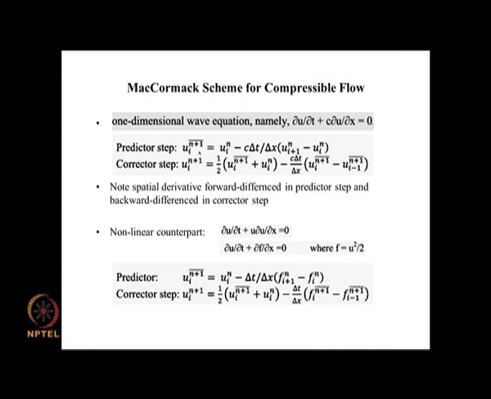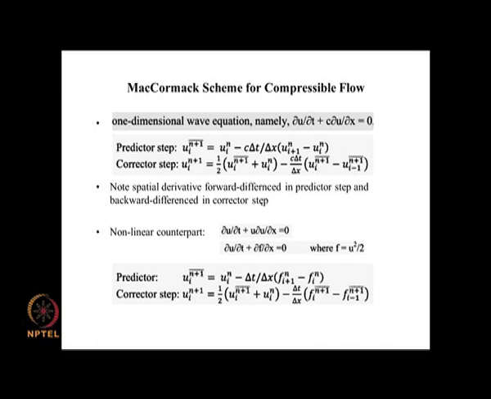The other thing is that we evaluate all the values of i in this 1D case, all the i values at n plus 1 bar, and then use those values here in order to evaluate the corrector step. Okay. So, this is the old value, this is the new value at i, and these are the new, provisional values of u at n plus 1 bar at i and i minus 1.